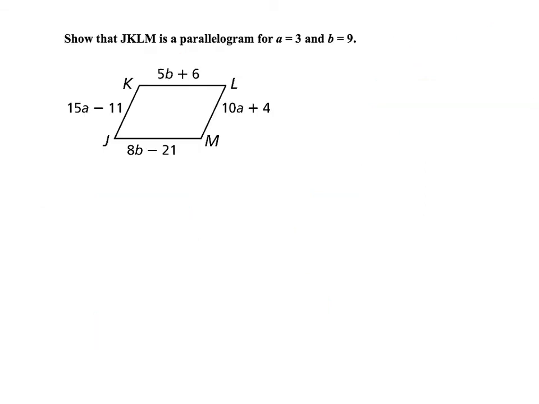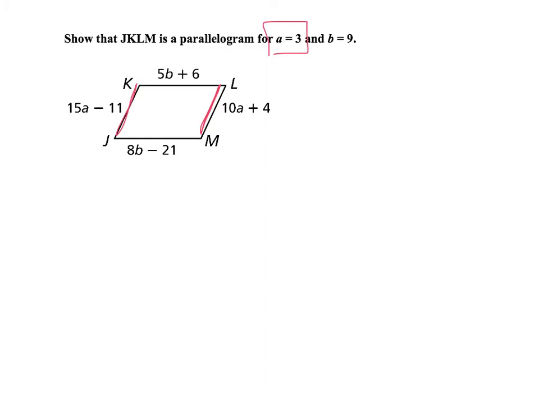Okay, so show that JKLM is a parallelogram if A is 3 and B is 9. Well, you're going to use your information for, let's say, A or B, either one. I'm going to look at the side A since alphabetically A comes first. A, remember, is 3.